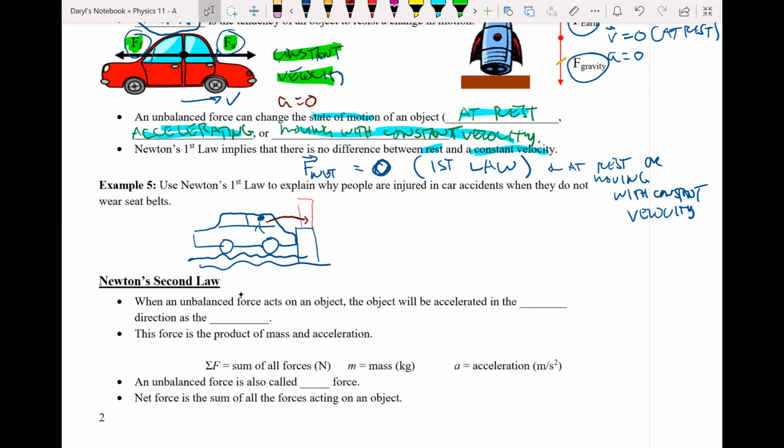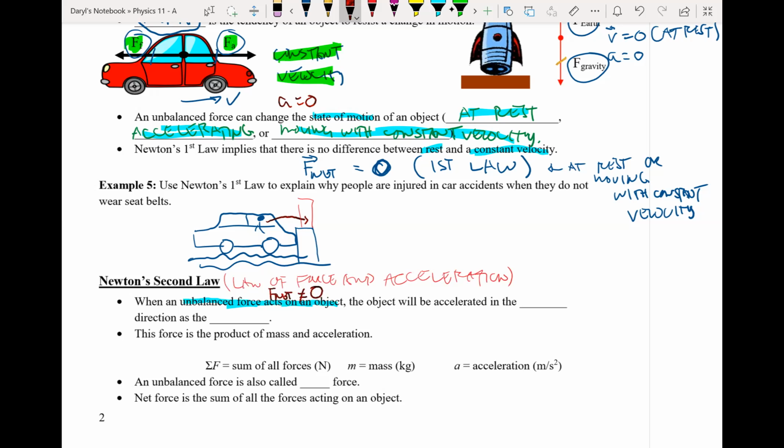Okay, let's move on to the second one, Newton's second law. Sometimes books call this the law of force and acceleration. When an unbalanced force acts on an object, F net, the sum of all the forces, is not equal to 0.